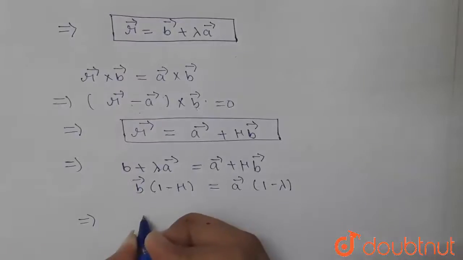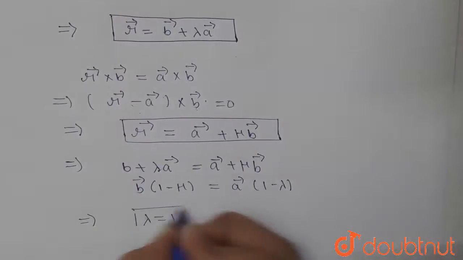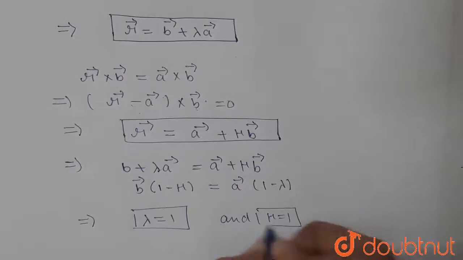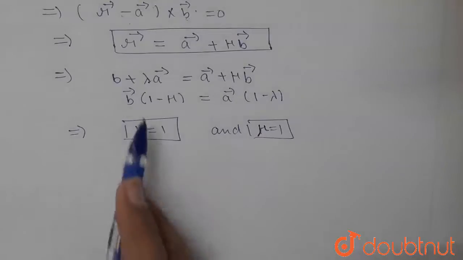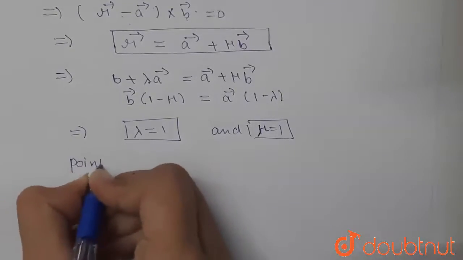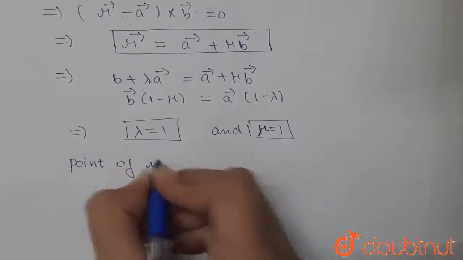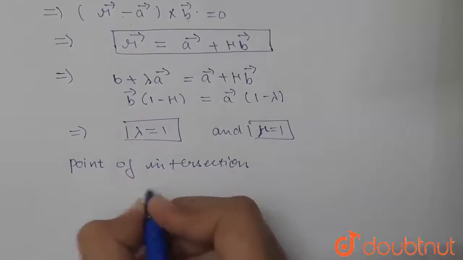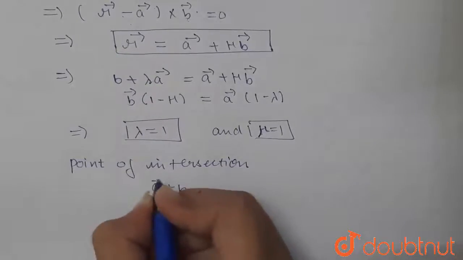So from here we are getting the value for lambda equal to 1 and mu equal to 1, right? So when we put their value here, we get the point of intersection as A plus B vector, right?